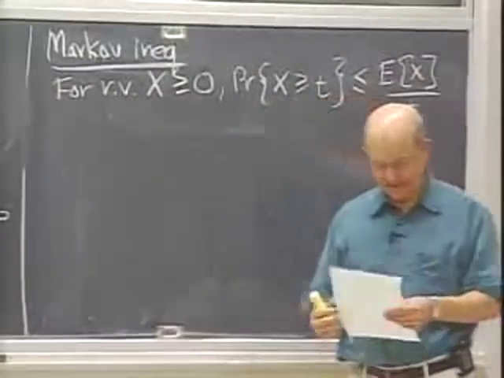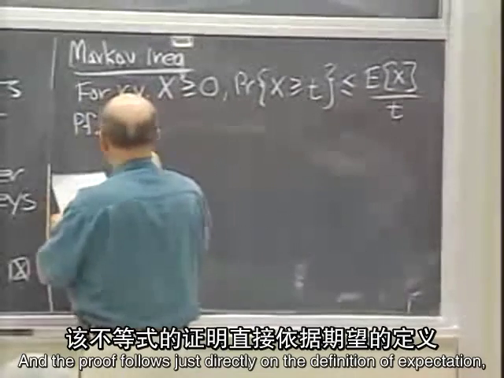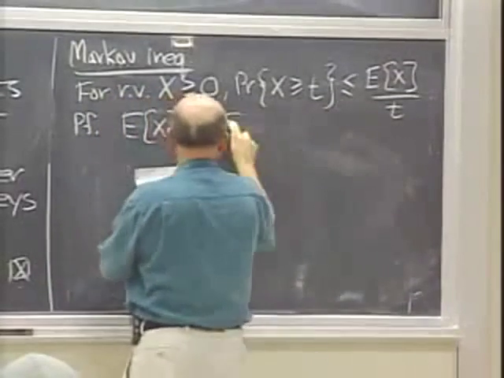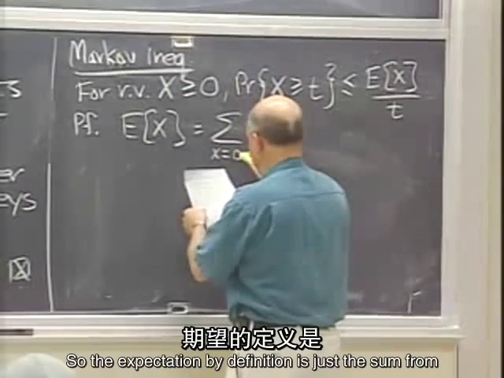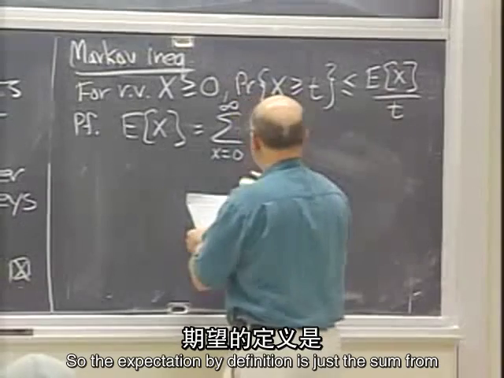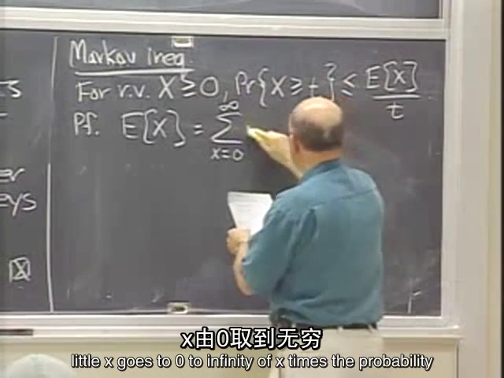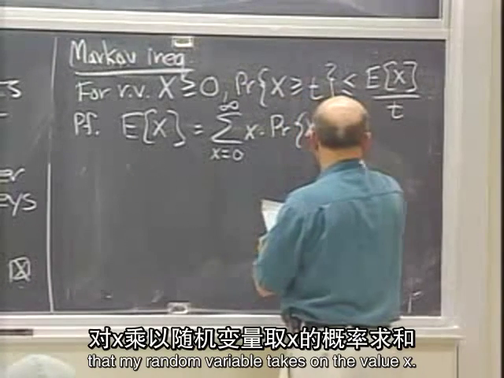Couldn't happen. And the proof follows directly from the definition of expectation. I'm doing this for a discrete random variable. So the expectation, by definition, is the sum from little x goes from 0 to infinity of x times the probability that my random variable takes on the value x.